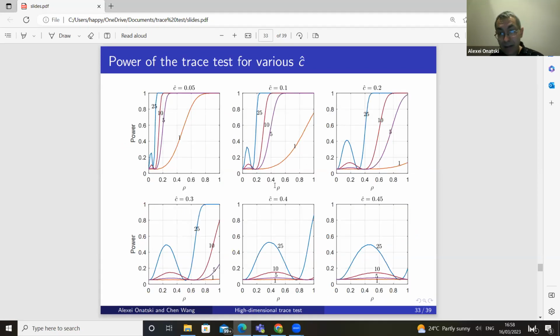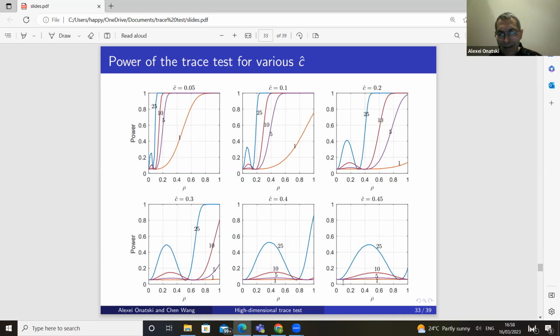My last slide shows how this power changes when C, remember C, the ratio of N to T, is increasing. Here C is very small and power is super. But when C starts to increase, power becomes pretty bad actually.